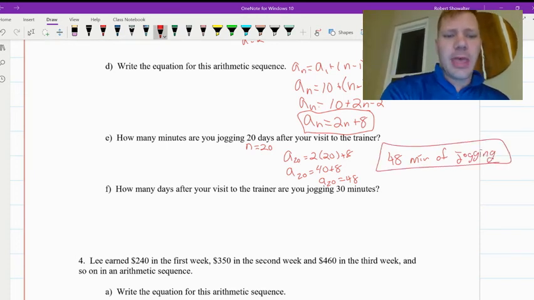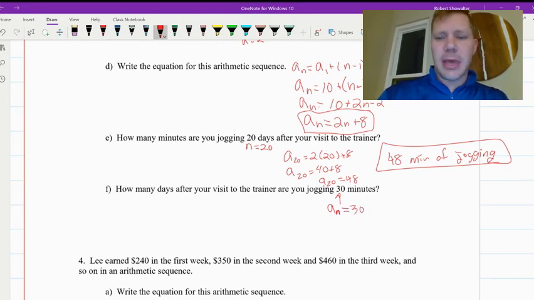Okay, let's talk about that. How many days after your visit to the trainer are you jogging for 30 minutes? So now this is not n anymore. This is a sub n. This is the amount of minutes jogging. That's the value of the term. That's the term value in this context. So that becomes a sub n. And we use our formula to solve for n now. So we put those two together. So 30 equals 2n plus 8.